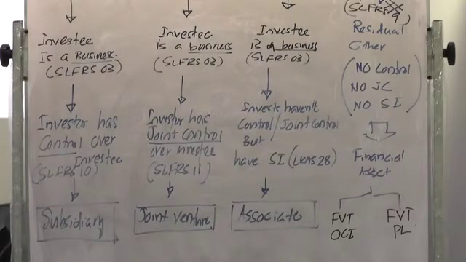If it is a joint venture, it requires accounting treatment based on whether you have joint control over them and when it is a business. Clear? If you have only significant influence, it is an associate. Clear? No control, no joint control, or no SI, significant influence, that means it comes under financial asset.